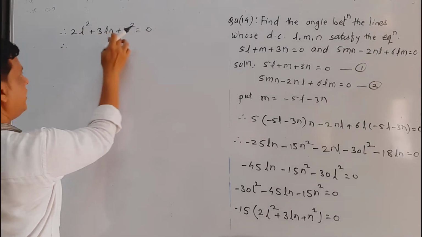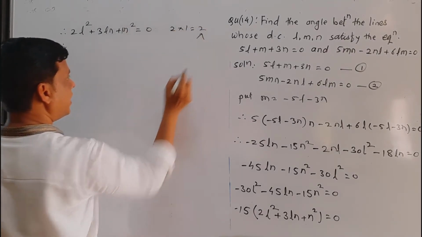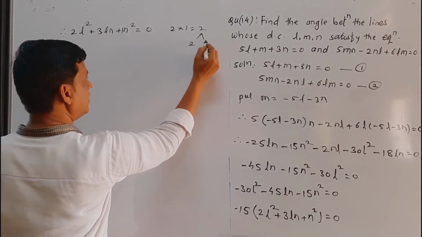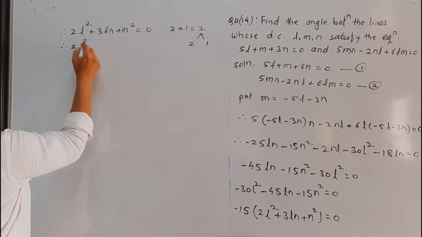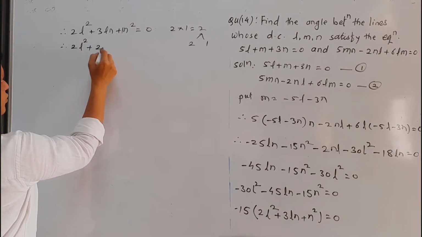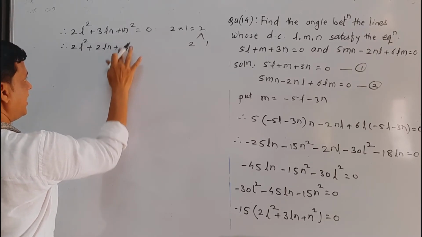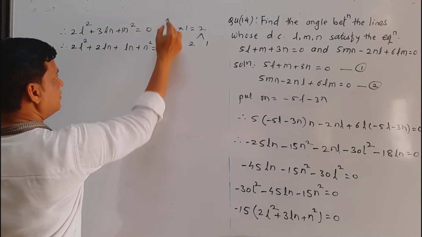We take factors as 2 into 1. So we write this as 2l square plus 2ln plus 1 times ln, plus n square equal to 0.